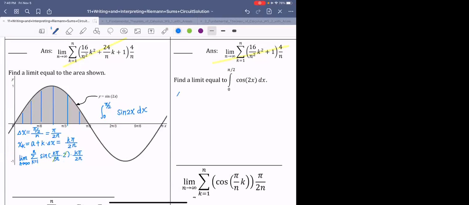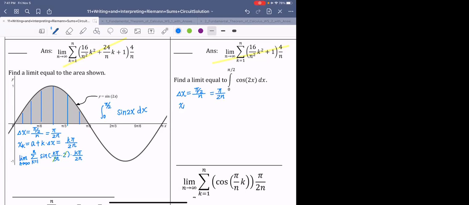Go ahead. Delta x equals... Yeah, delta x is equal to pi over 2 minus 0 over n. So it's just pi over 2n. Next you have xk is equal to 0 plus k change in x.